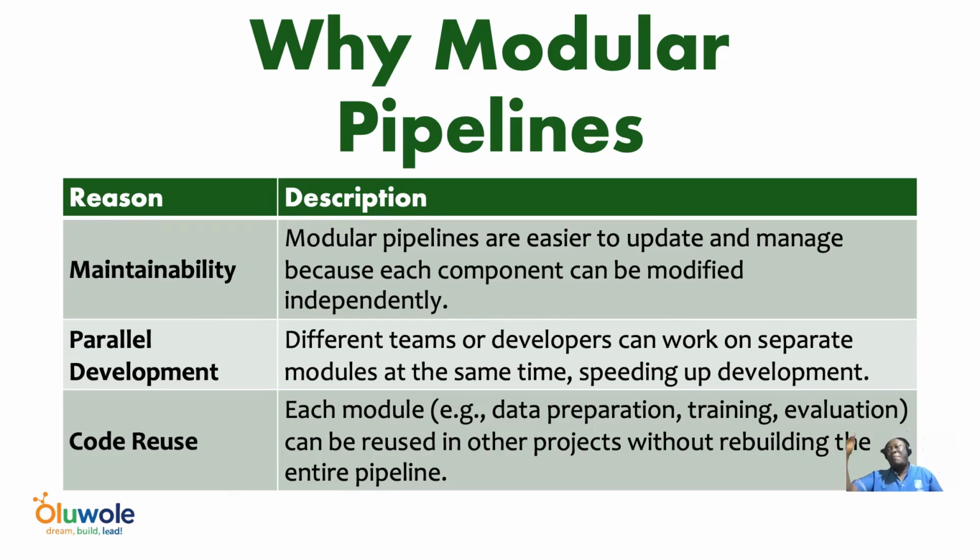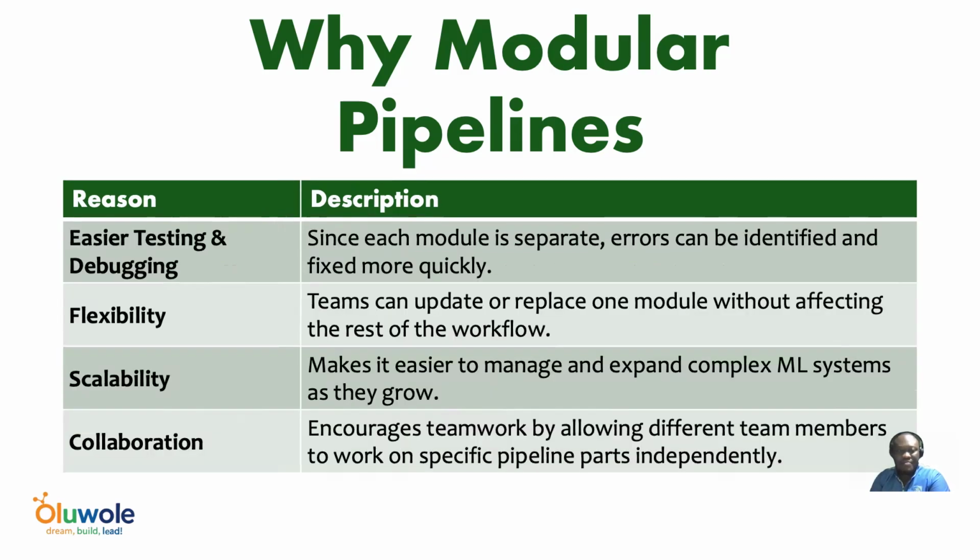There are times that the only thing that might change is the processing, based on the kind of dataset coming in, or we are trying to deploy using another format. We don't want to use Flask to deploy, we want to use another form of deployment. But we are all working in parallel.